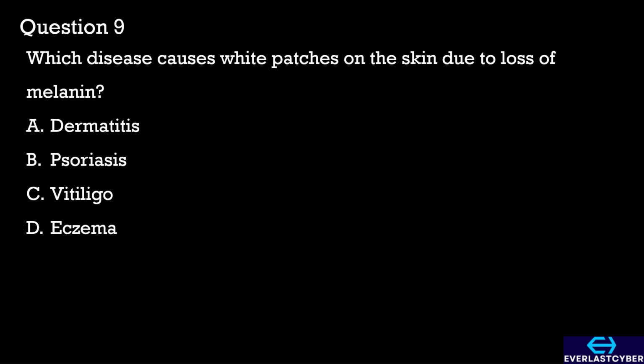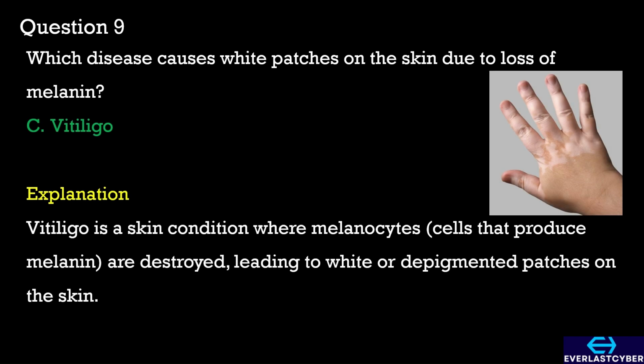Vitiligo is a skin condition where the melanocytes, which are the cells that produce melanin, are destroyed, thereby leading to white or depigmented patches on the skin. Eczema is an inflammatory skin condition that causes redness, itching, or irritation. So out of those options, our answer is option C, vitiligo.